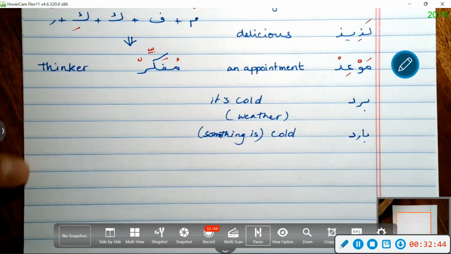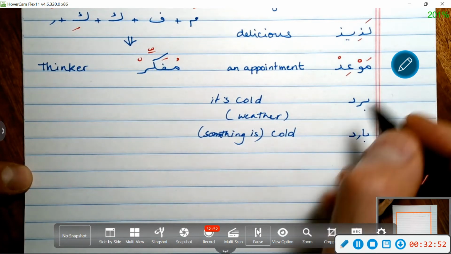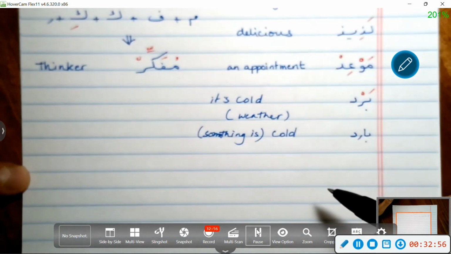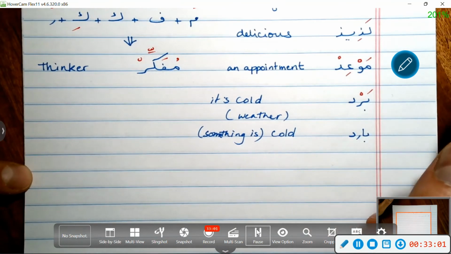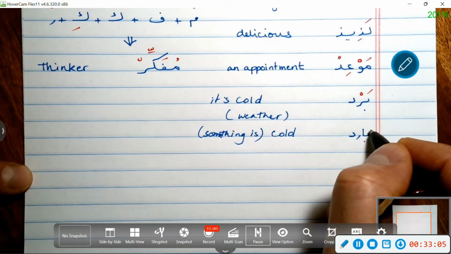Depends how you say it. Now to add the harakat, برد, فتحة, سكون, برد. And the ra is rolled, برد. بارد is the same, فتحة over the ba, بارد.